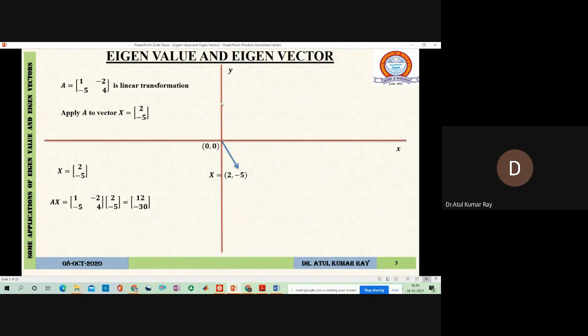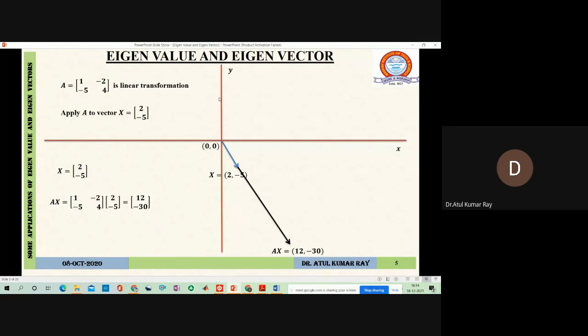Now if I plot this 12, minus 30 in the xy plane, it will be somewhere here. And let's plot the line. Now we got this point at 12, minus 30. Previously, the vector was 2, minus 5.